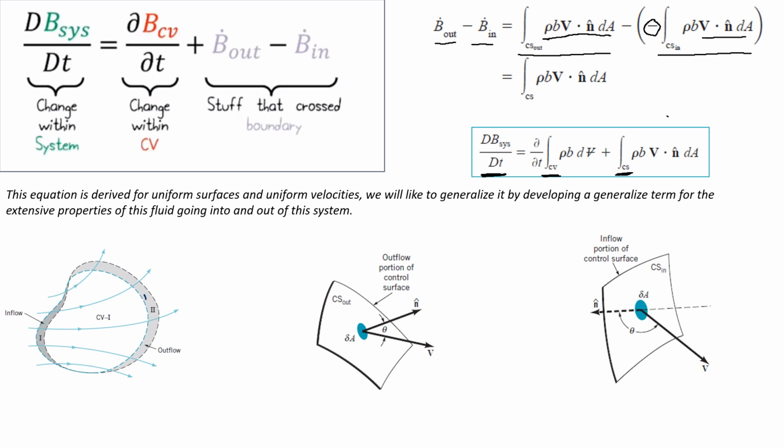So this is what it basically tells us: how the system behaves when it flows through or around a particular control volume.